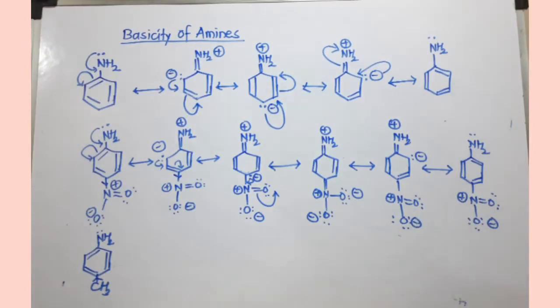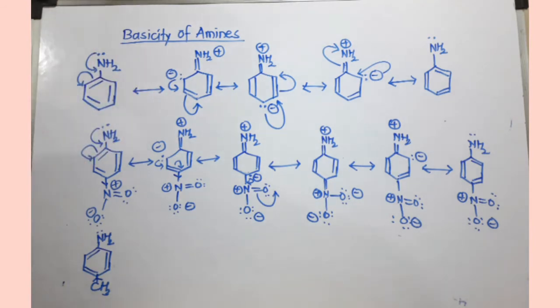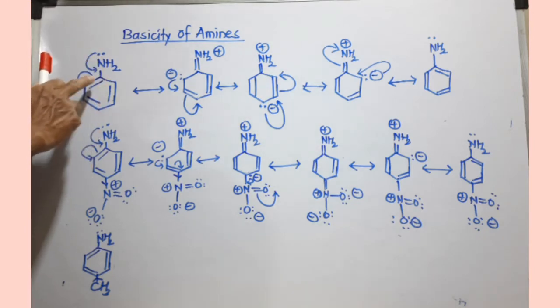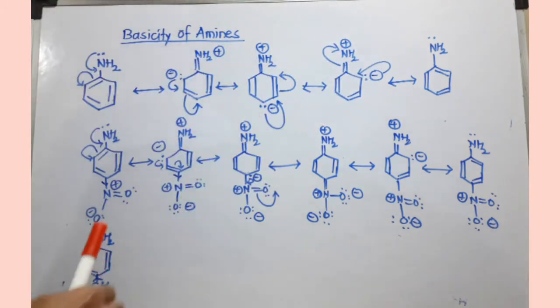Now the basicity of amines, particularly aromatic amines, we are going to discuss. You can see this amino group is directly attached to the aromatic ring. Because of this conjugation, it undergoes resonance, I mean, it forms resonating structures.